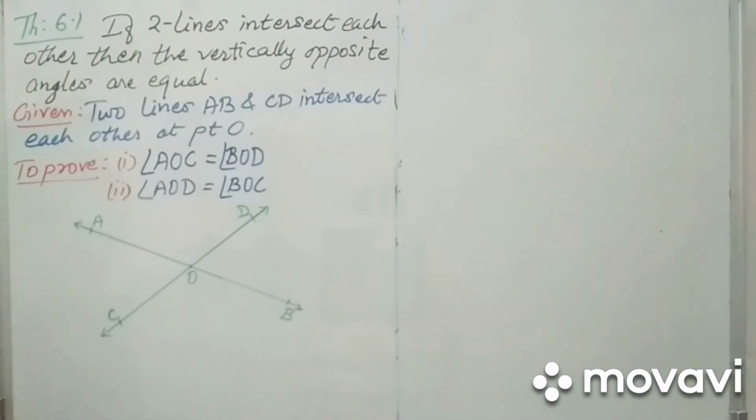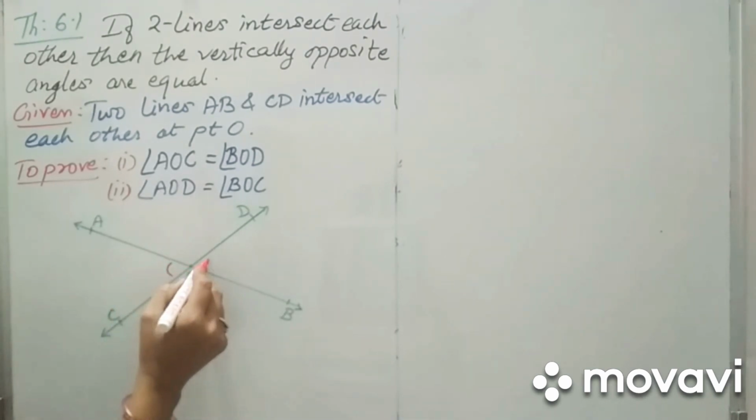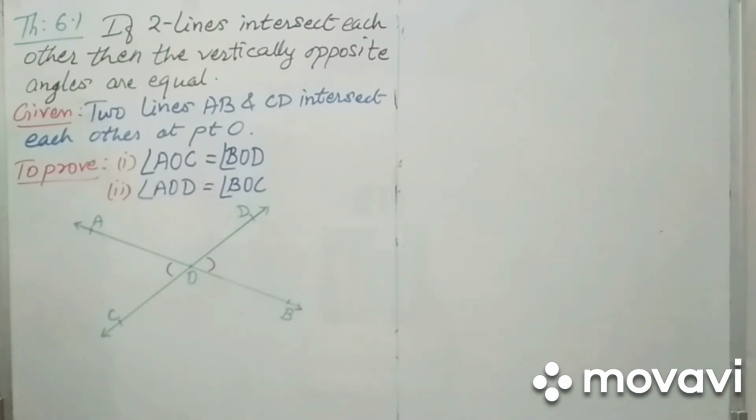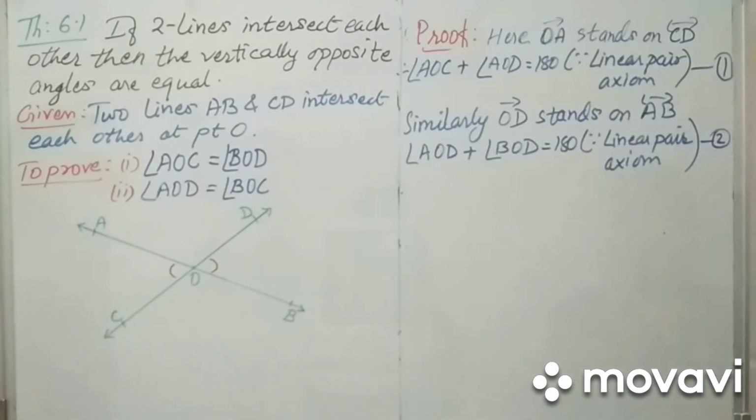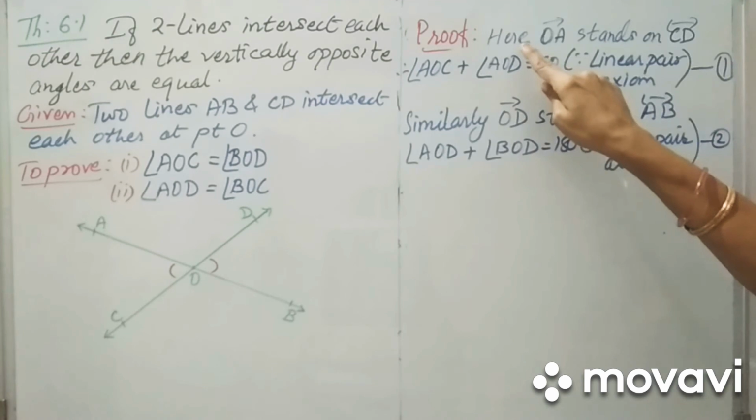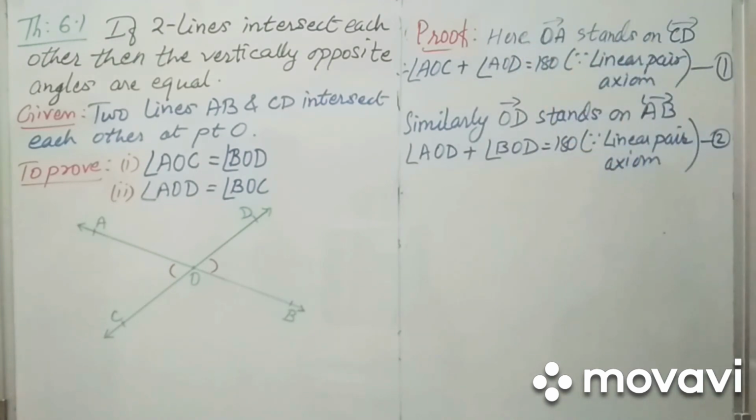Angle AOC is equal to angle BOD. That we have to prove. The logical application we use for that is known as the proof.